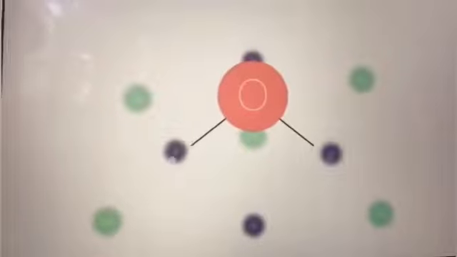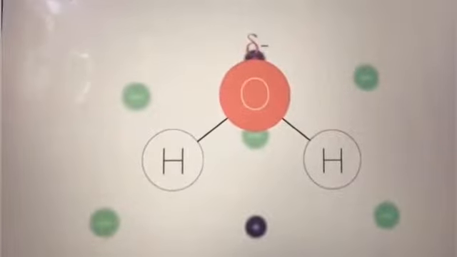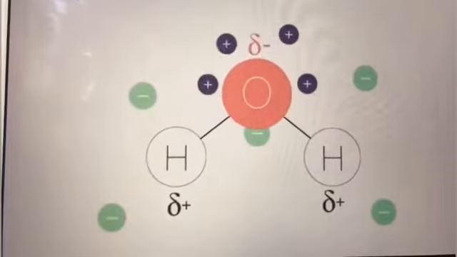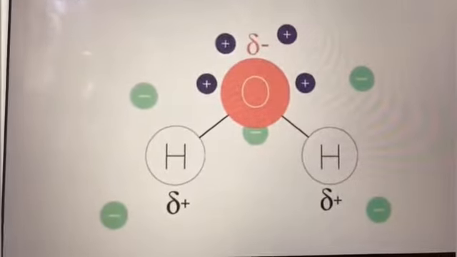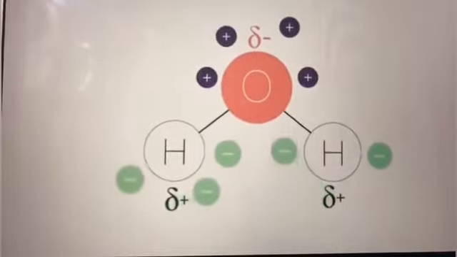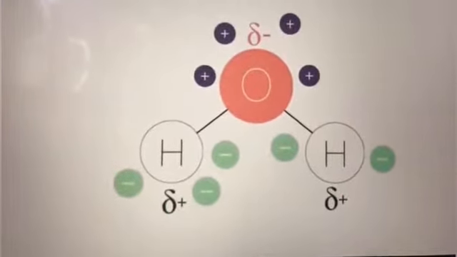These ions become stabilized in water due to the polar nature of water. As you can see, the sodium ions are stabilized by the negative dipole of water, and the chloride ions are stabilized by the positive dipoles of water.